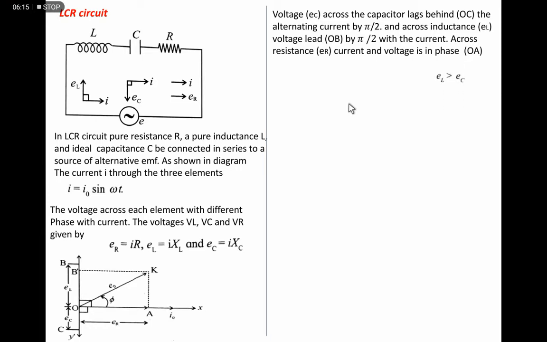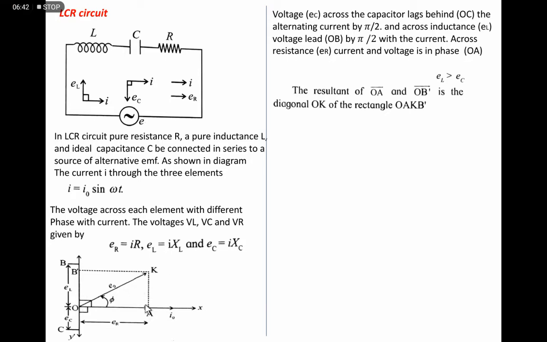So we'll start. As I said, the EMF across the inductance is greater than the EMF across the capacitance. Now OA and OB are the vectors, and the diagonal is OK. Here OB and AK will be same, that is EL minus EC.